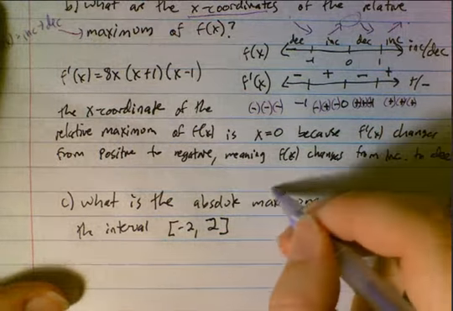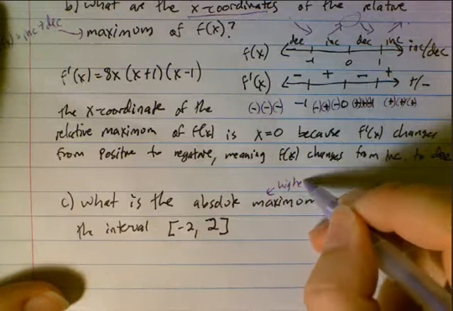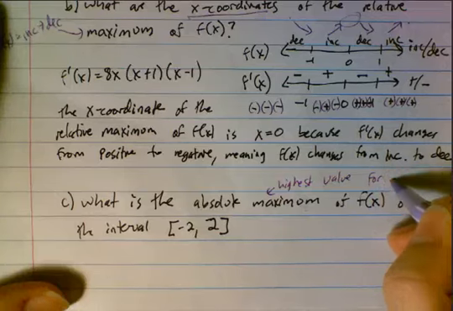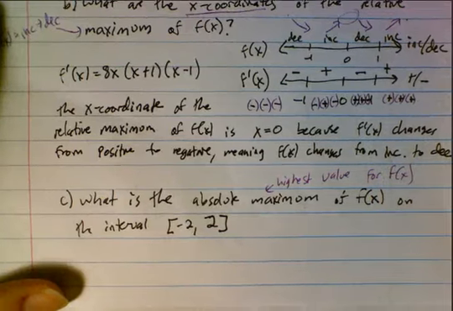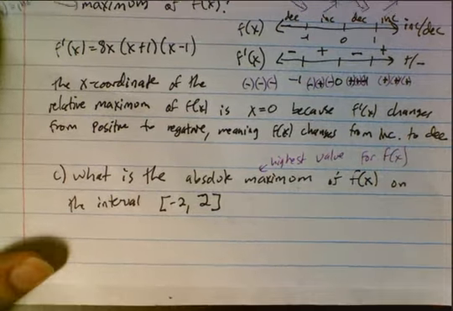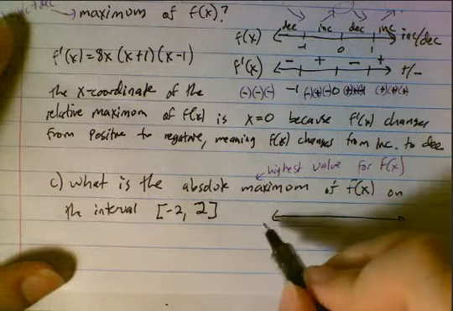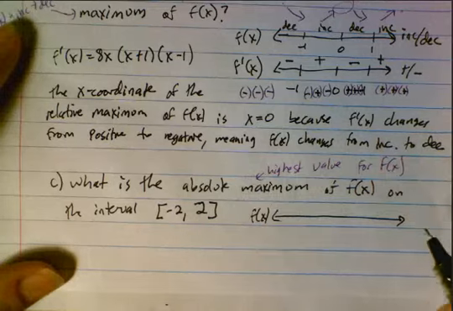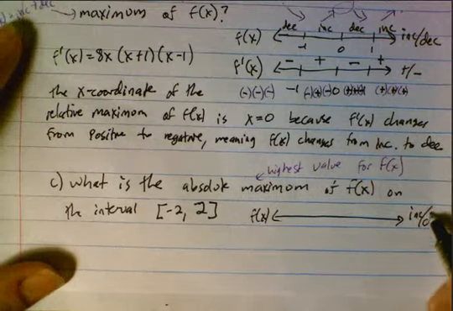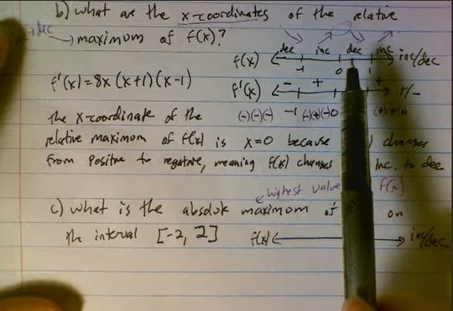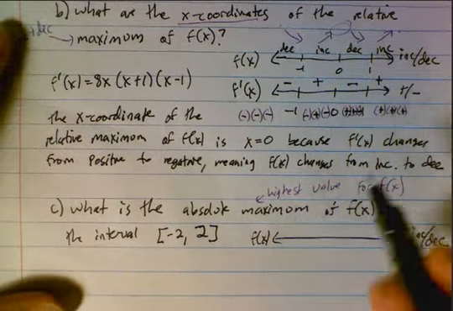So here, for the absolute maximum, we're looking for the highest value for f of x. And we're looking for f of x, the absolute maximum, that's increasing, decreasing. And we already have the increasing, decreasing chart from right up here, so we can actually just copy that right over.